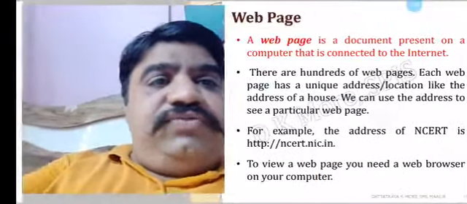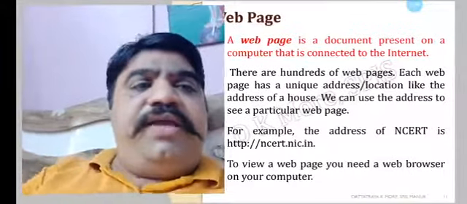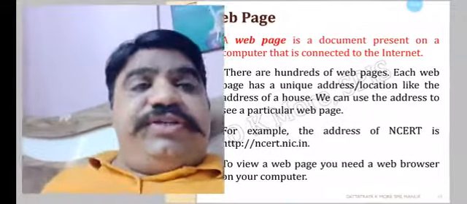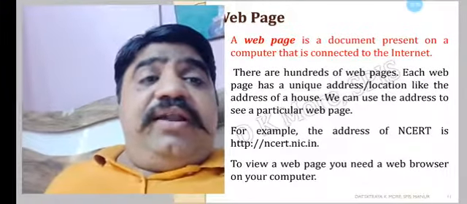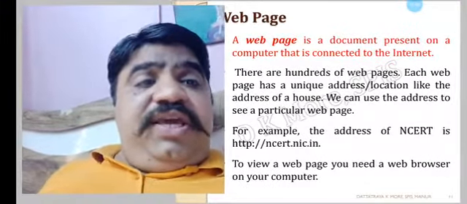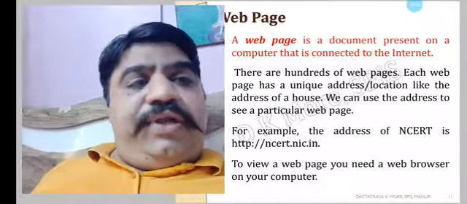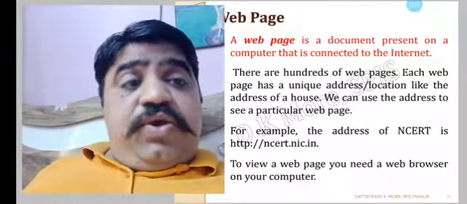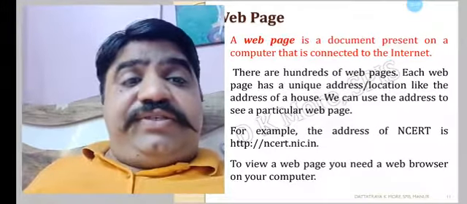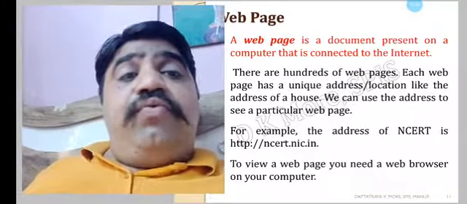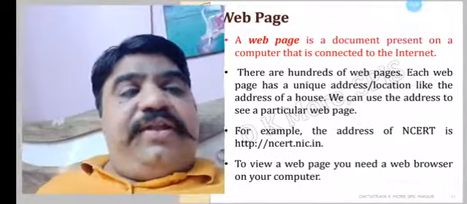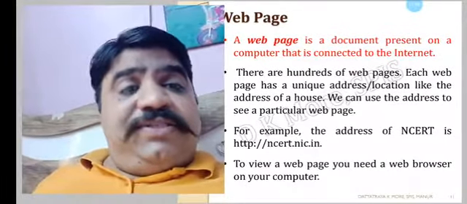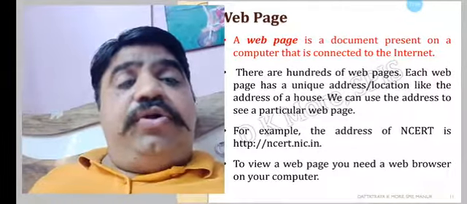First one is the web page. A web page is a document present on a computer that is connected to the internet. There are hundreds of web pages. Each web page has a unique address or location, like the address of a house. We can use the address to see a particular web page. For example, the address of NCERT is http://ncert.nic.in.